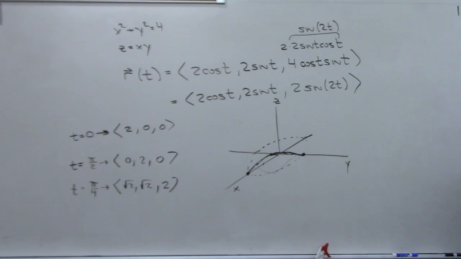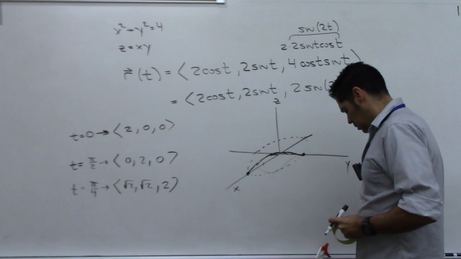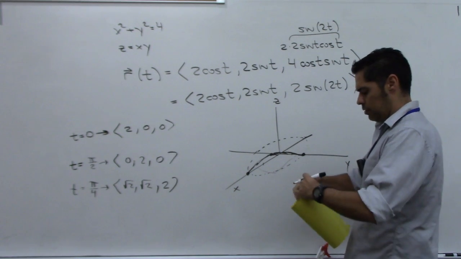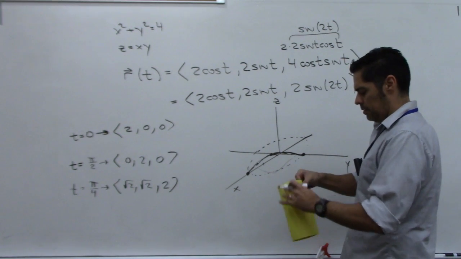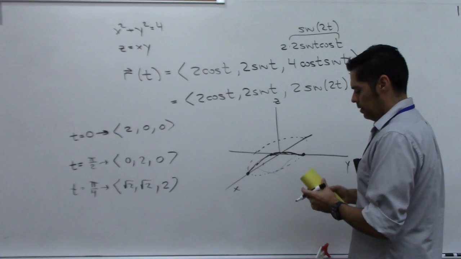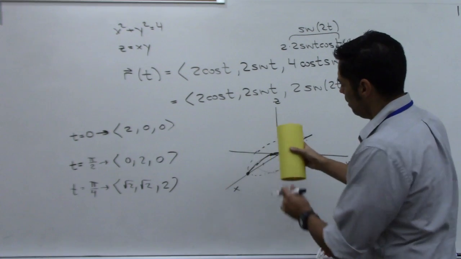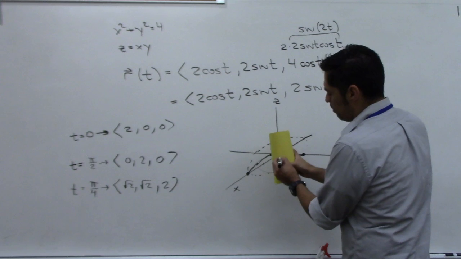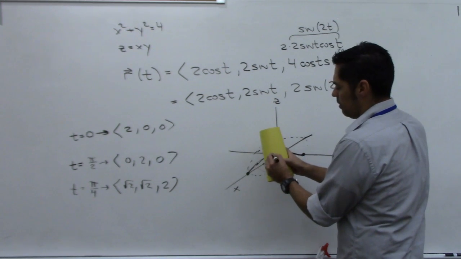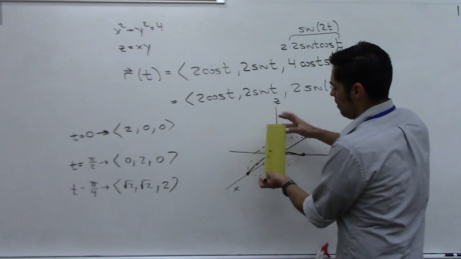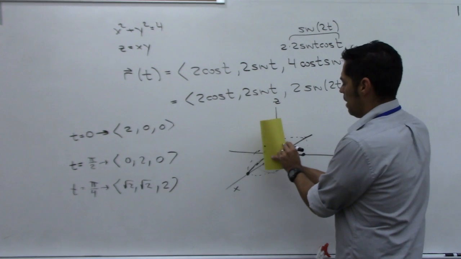It's really hard to see this on a picture, so I'm trying to make a cylinder here. So here's our cylinder. Let's imagine that the x-axis comes popping out of here, so I'm going to label that x. And the y-axis, let's say, would be popping out over here.